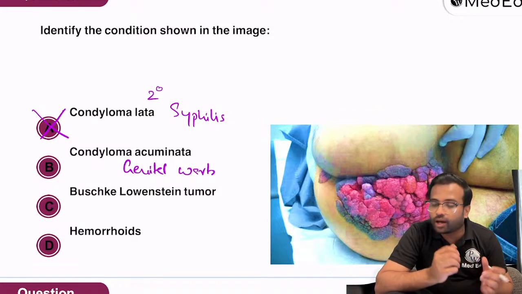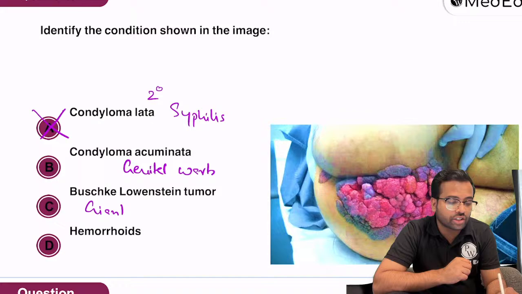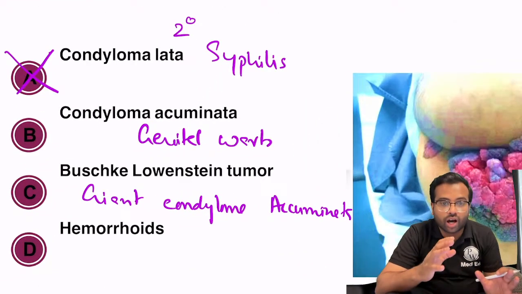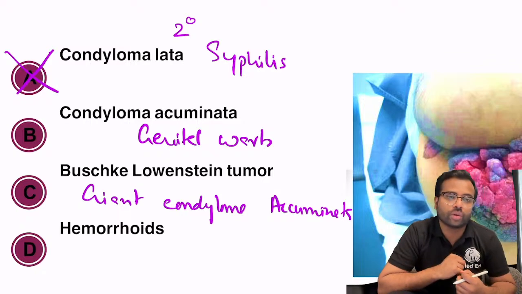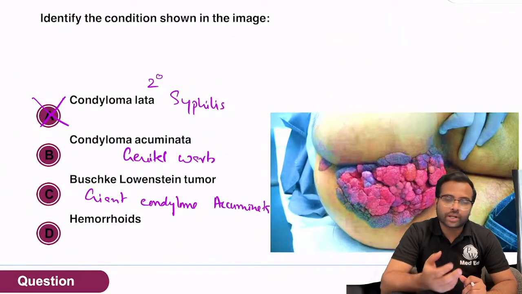What is Buschke-Lowenstein tumor? Buschke-Lowenstein tumor means these are giant condyloma acuminata. So a very big, large size condyloma acuminata is called Buschke-Lowenstein tumor. And hemorrhoids, all of you know that hemorrhoids don't present like this.